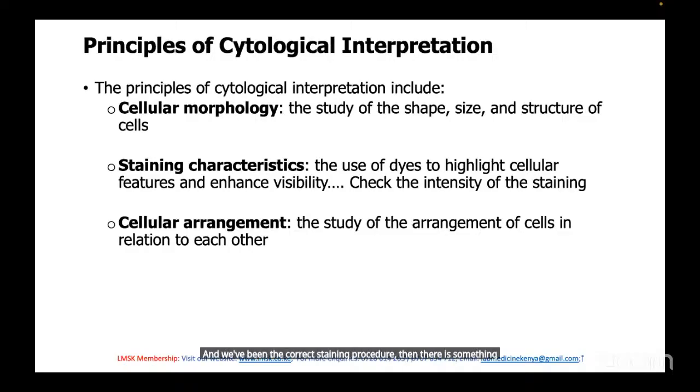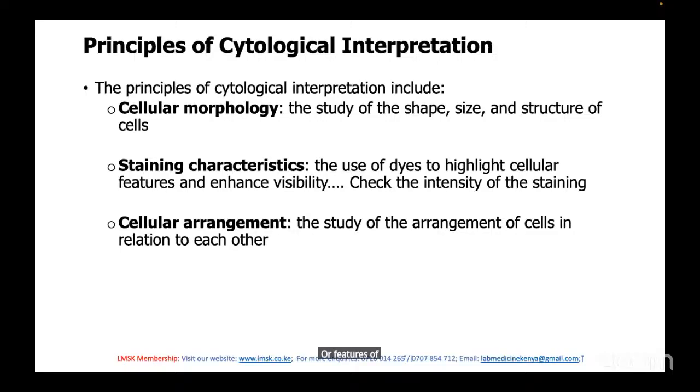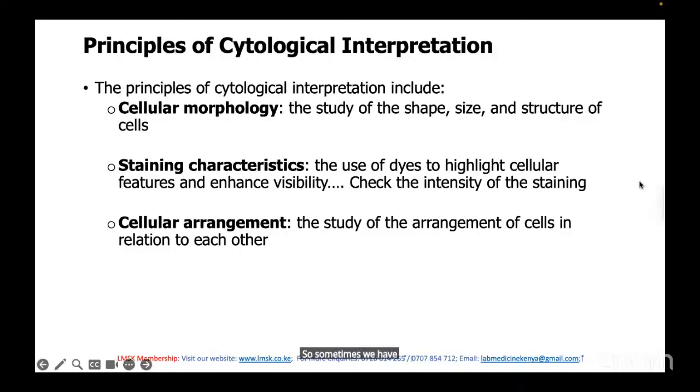That is the time we start looking for features of malignancy, or features of a cell showing that it is inflamed or not healthy. Sometimes we have reactive changes, and we see them from the staining characteristics of the nucleus.